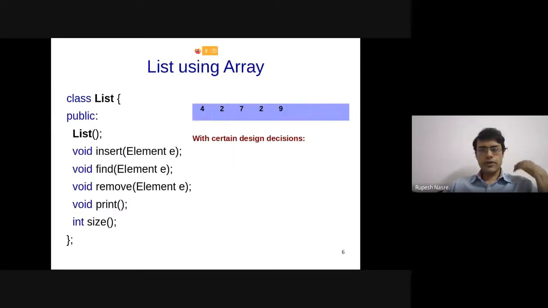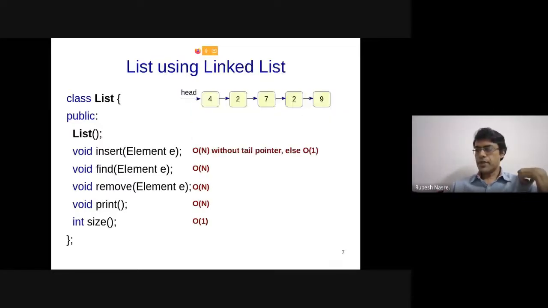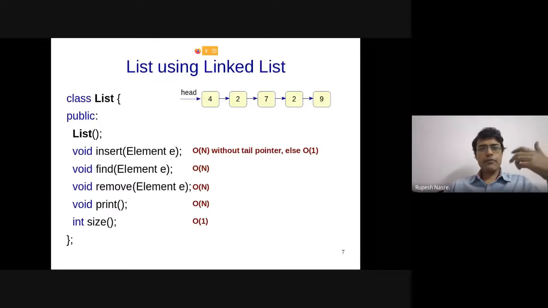Right? So this is what we did, and with certain design decisions, we achieved certain functionality. I mean, functionality is the same, but the complexity, both time and space, turn out to be different depending upon our design decisions. Right? So that is what we discussed yesterday, and then we wanted to have lists.